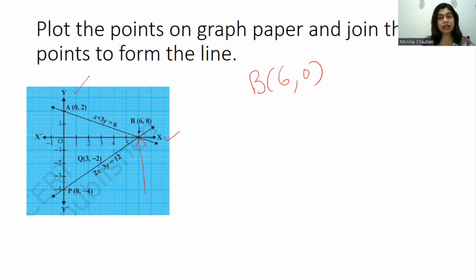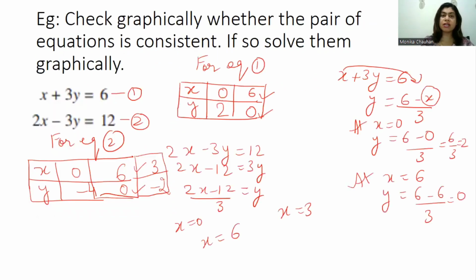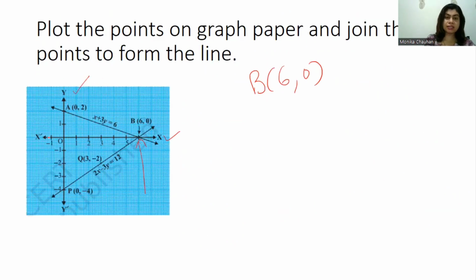So we will say that the given pair of lines are consistent. In the question, they ask us whether the pair of equations is consistent. Your answer is yes. The given pair of lines are consistent and the solution is unique.